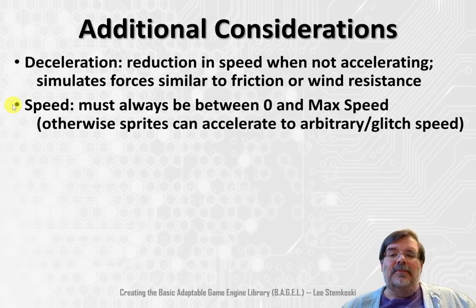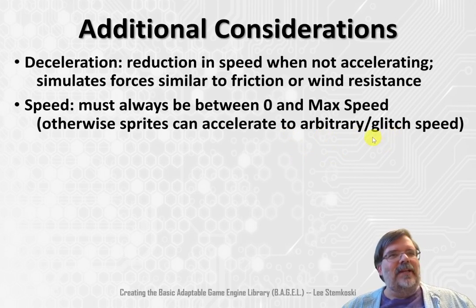We also want to keep in mind the speed. Right? The speed is a positive quantity, so it's always at least zero. You can't have negative speed, but we should also set some kind of a maximum speed. If we don't, then in theory our sprites could accelerate to any arbitrary speed, or as I like to think of that, glitch speed. Right?